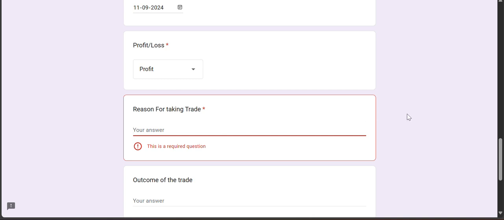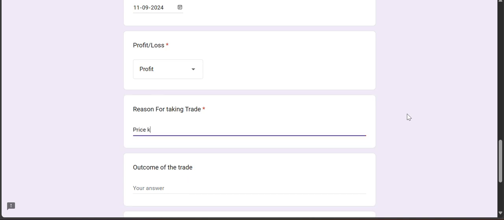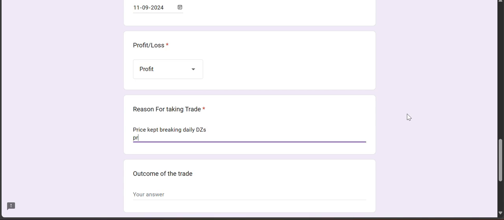Reason for taking the trade. Price kept breaking daily demand zones. Price went into the origin daily supply zone. Sorry, that's a typo, supply zone.